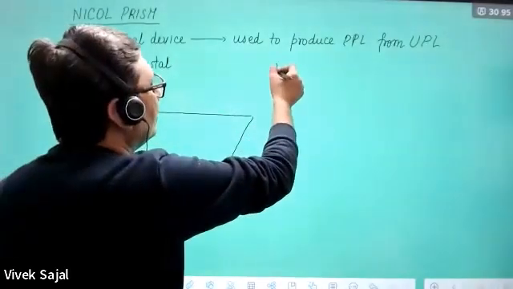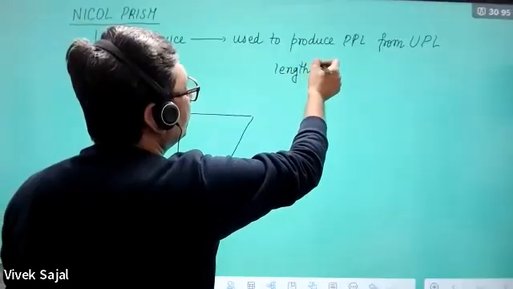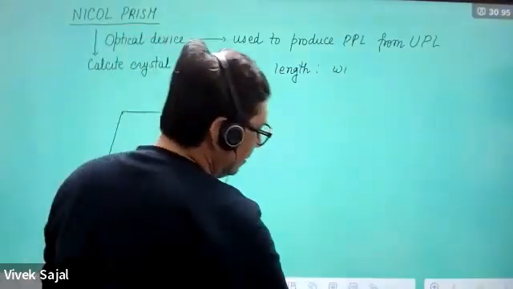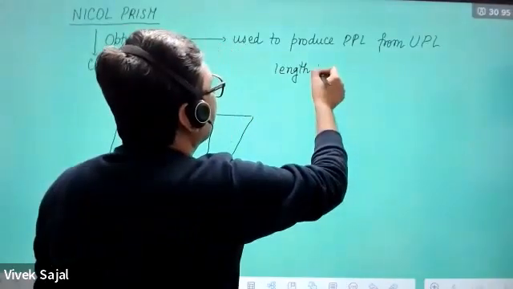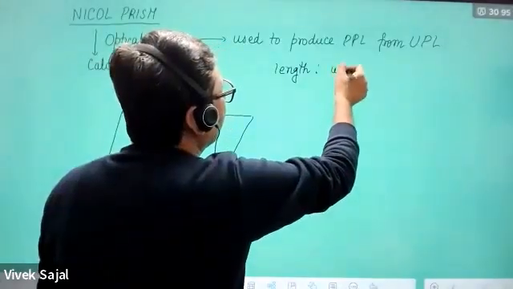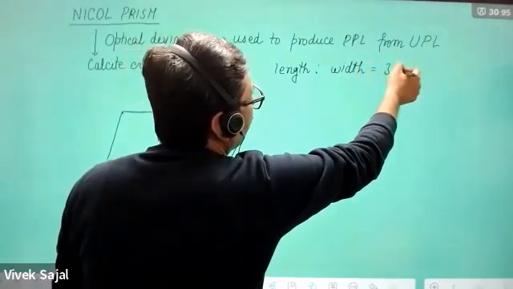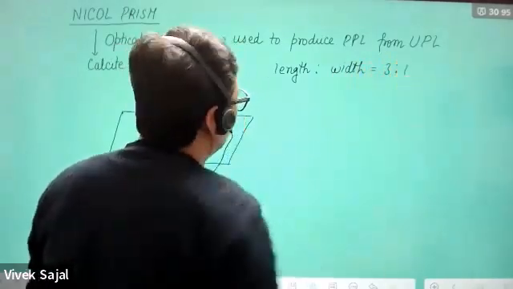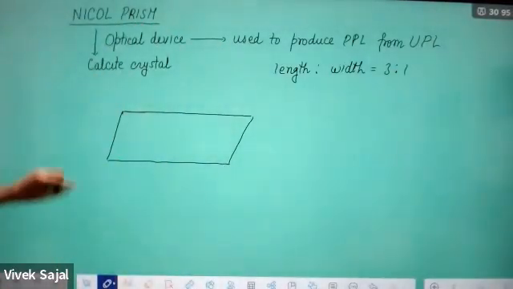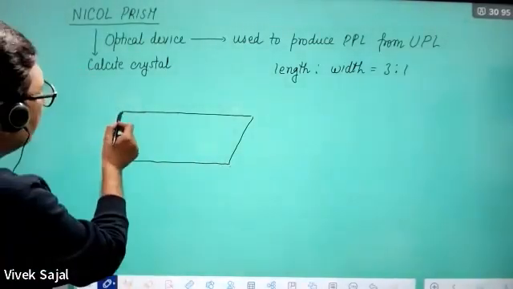Length to width, or breadth, is roughly 3:1. Why we are using this 3:1, I'm going to tell you. So this type of crystal we are choosing. What you have to do is cut it diagonally.